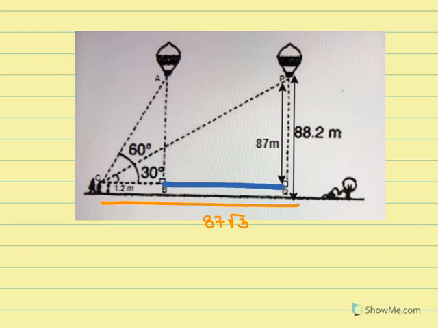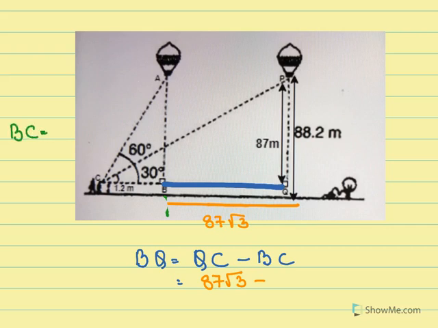And from there, we will now subtract BC. This we will subtract to get our BQ. So we'll write down now BQ will be QC minus BC. Now QC we have found earlier is 87 root 3 minus BC. Now for BC I'm going to make a little change. BC we found as 87 over root 3, so I'm going to rationalize it. I rationalize it because 87 is divisible by 3.